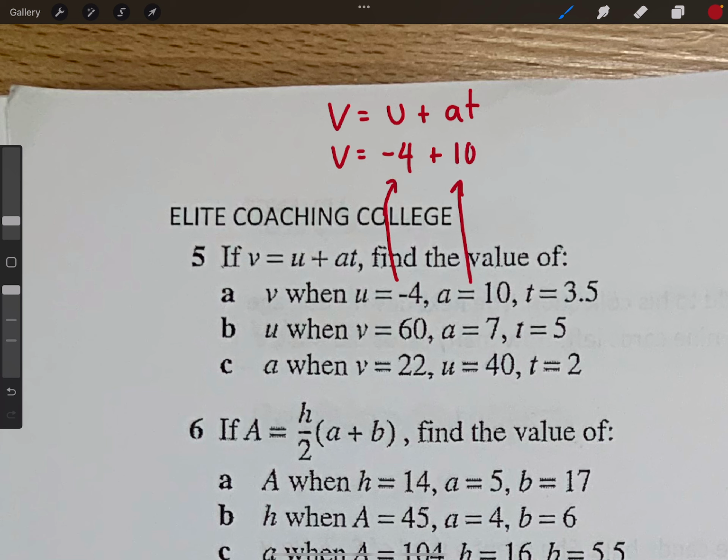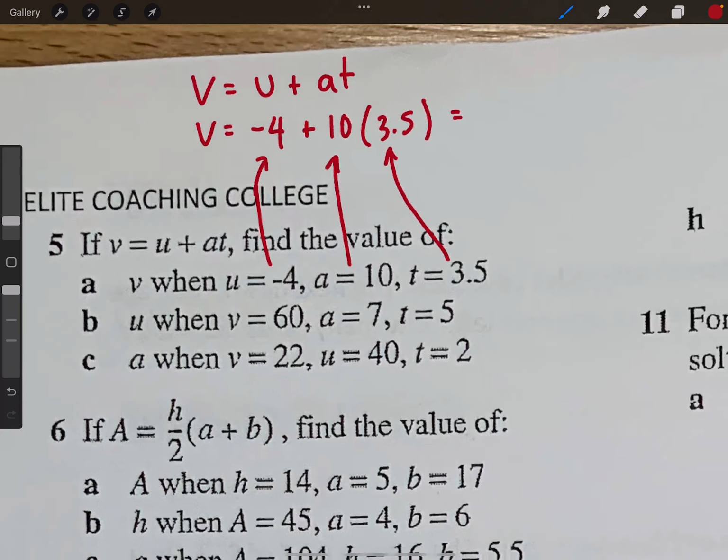So that's 10. At means a times t, so 10 times the value of t, which is 3.5. So let's work on this one.